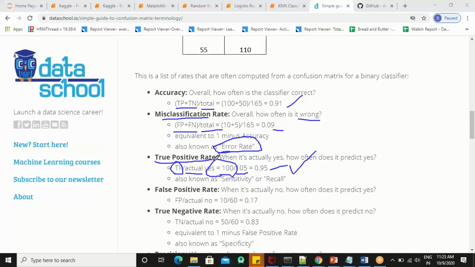So true positive rate is also known as recall or sensitivity. How sensitive your model is towards the positive class, that's the sensitivity, okay, or the recall.